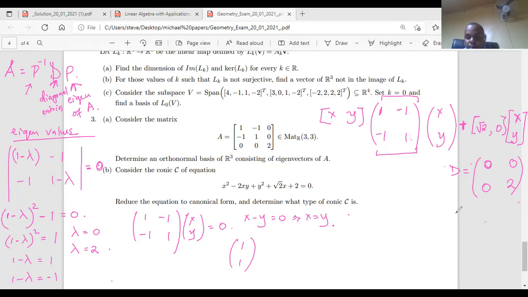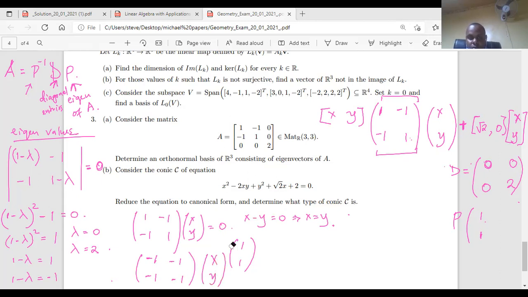So I do the same for eigenvalue 2, which would be 1 minus 2, minus 1, minus 1, and 1 minus 2, that is minus 1, times x, y.